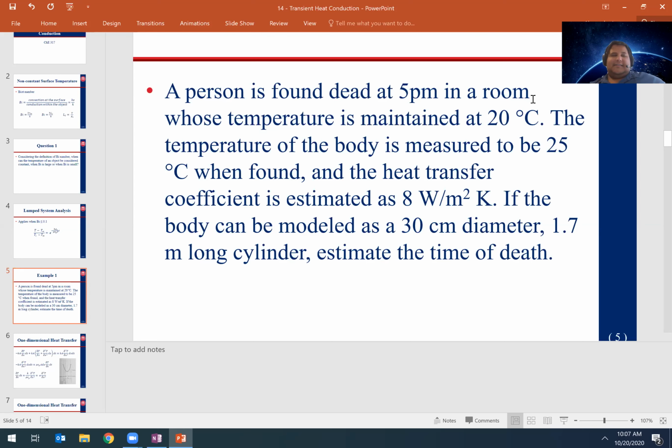We can also use thermal properties of water for density, heat capacity, and thermal conductivity, where the thermal conductivity of water is 0.617 watts per meter Kelvin.